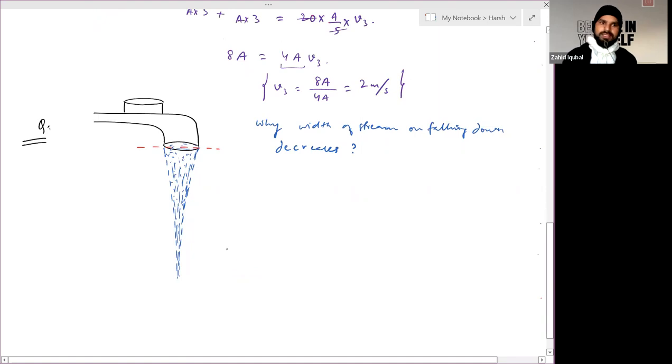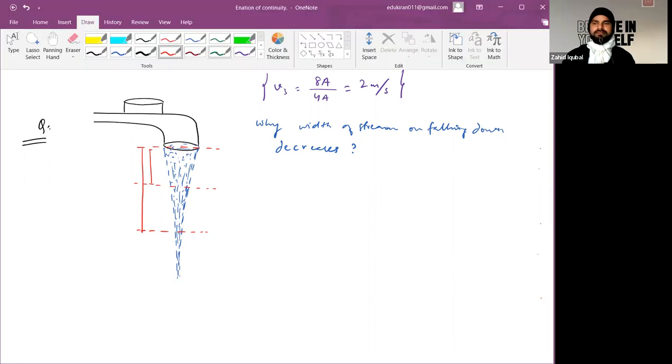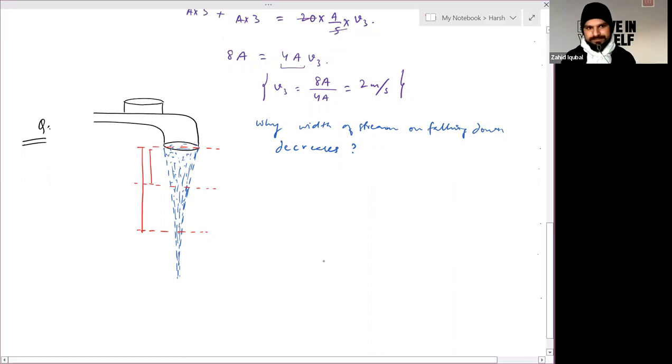Now consider any cross-sectional area, this part, any cross-sectional area, this part, and so on. On falling from this point to this point, and on falling from this point to this point, which has more height covered, the upper one or the lower one? So the lower one. Good.